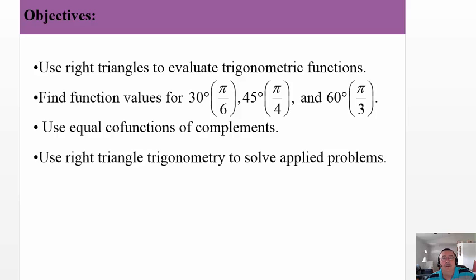We're going to use equal cofunctions of complements, and we're going to do some right triangle trig in this episode. So we're going to use it to do all kinds of things, including solving applied problems. Again, I love teaching trigonometry because it can be used for so many things in real life.